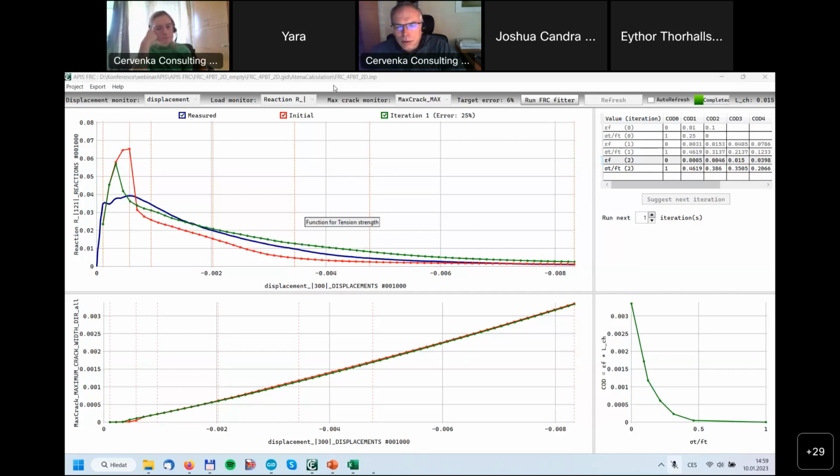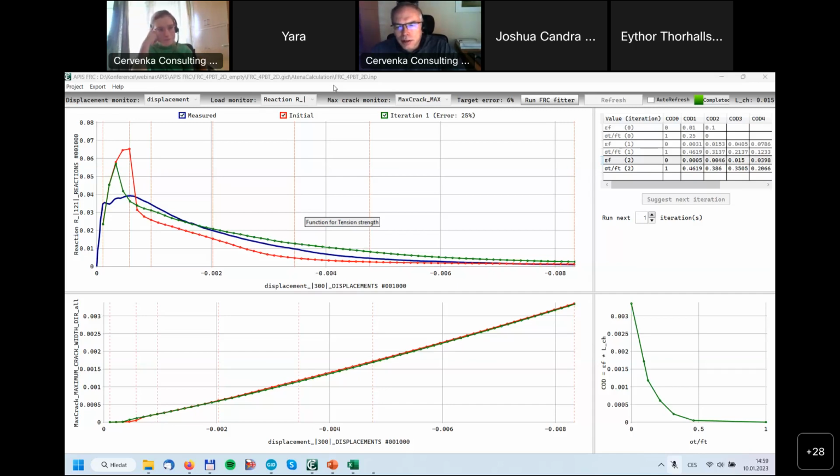It can be reaction versus crack opening. So, strictly speaking, you can use the same approach. Just replace this displacement monitor with a monitor which would correspond to the crack opening displacement, and I think it should work the same. Of course, you will then have the crack opening on both axes at this bottom graph. But that should not matter.